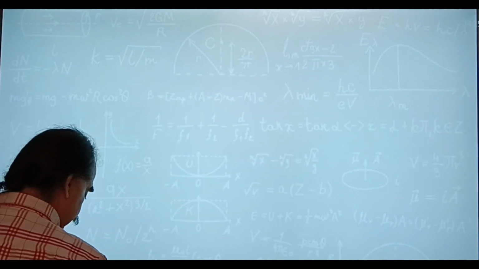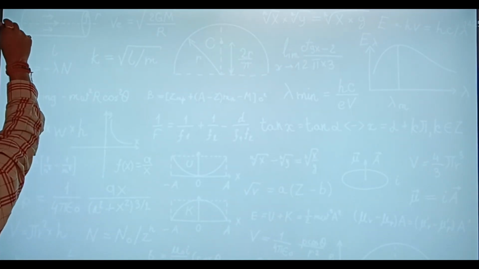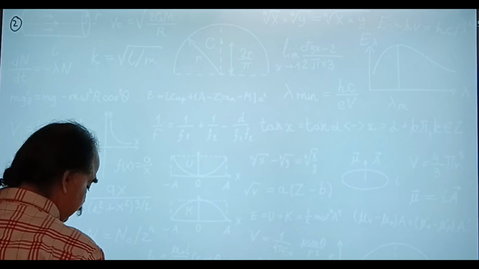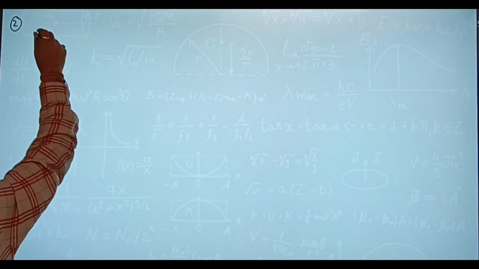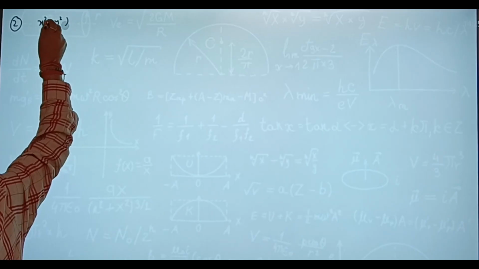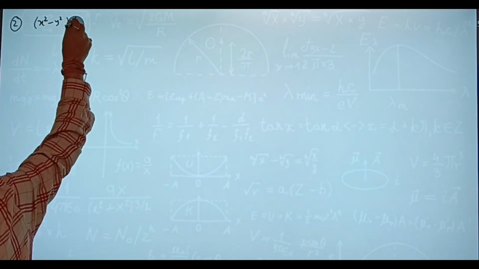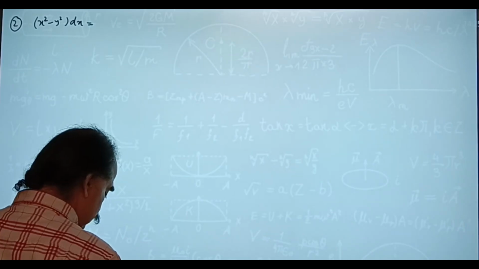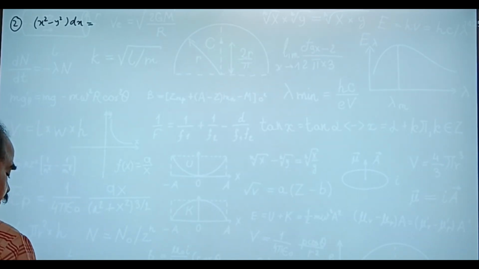Question number 2 is (x square minus y square) dx is equal to 2xy dy.